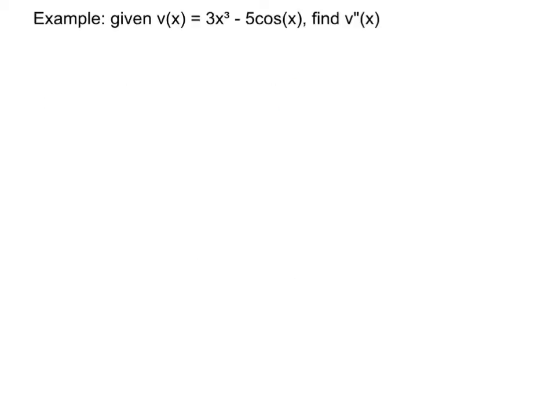So, as an example of this, suppose that I give you v of x, right? It's 3x cubed minus 5 cosine x, and I want us to find v double prime of x, the second derivative. To find a second derivative, we start by finding the first derivative. V prime of x is 9x squared plus 5 sine x, because remember the derivative of cosine x is negative sine x, and those two negatives will multiply together to give us a positive.